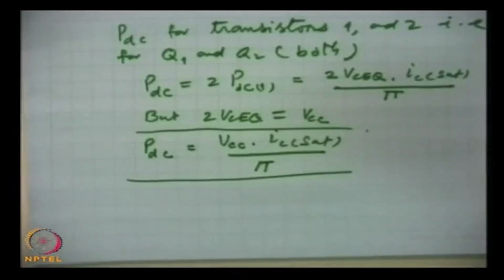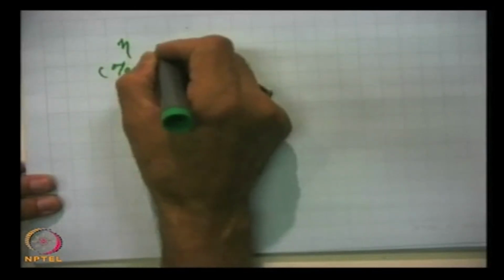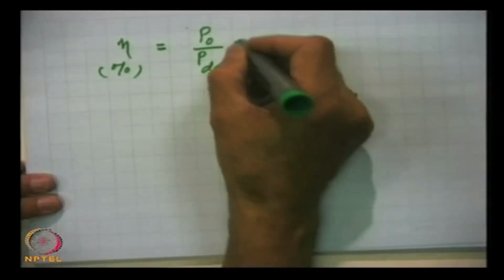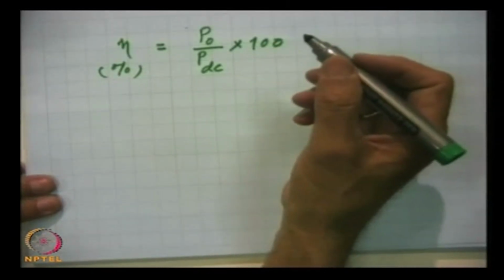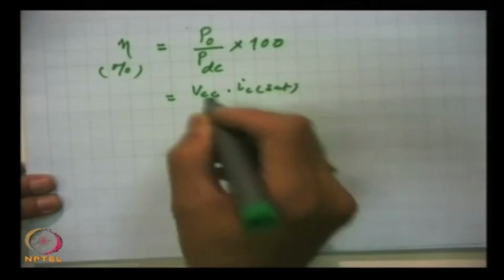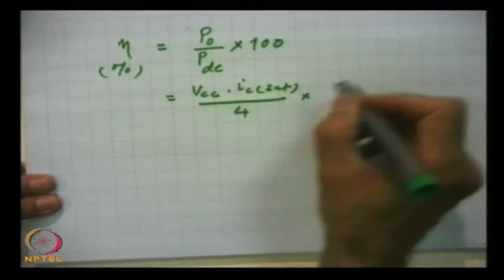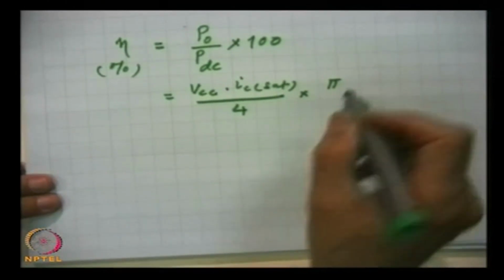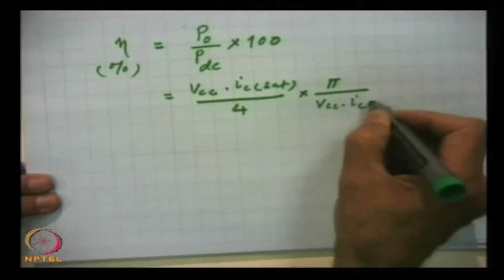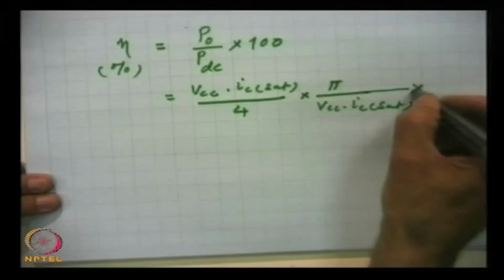Therefore, the efficiency eta in percent will be P0 by PDC into 100, and we substitute the values: VCC IC set by 4 into pi by VCC IC set into 100.